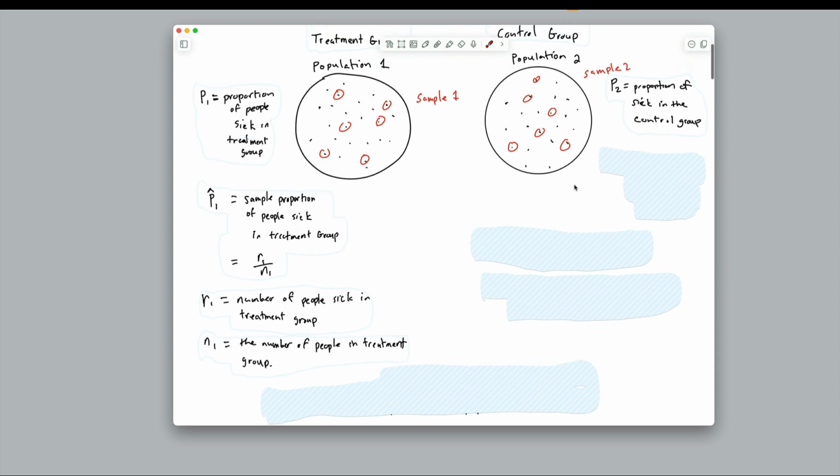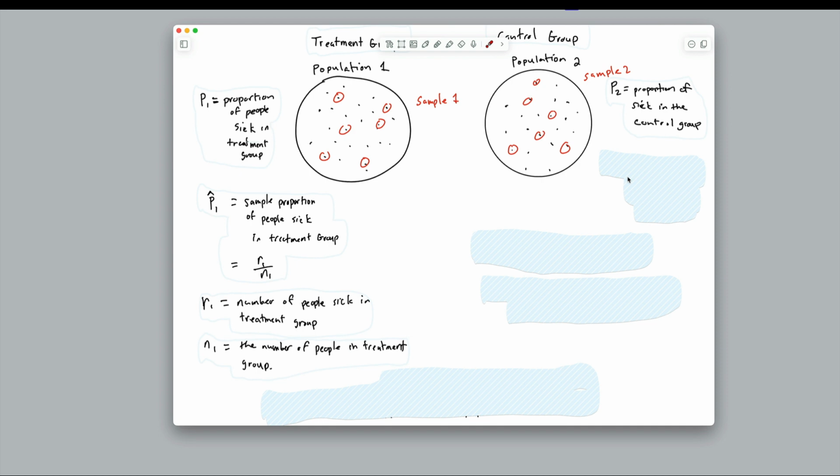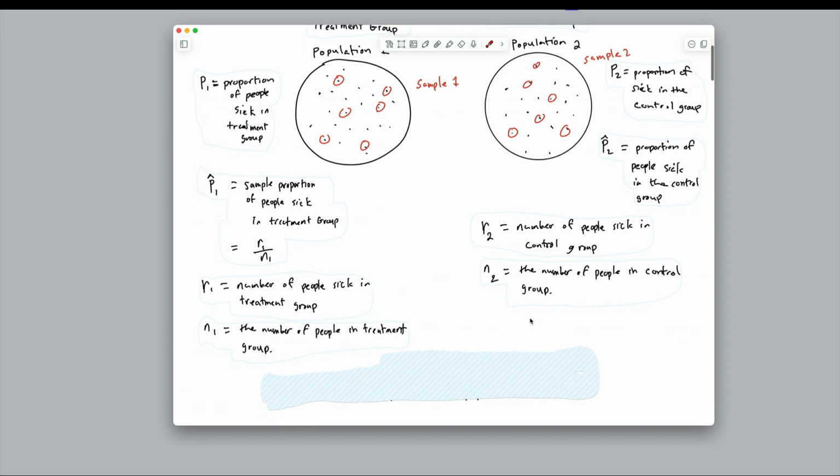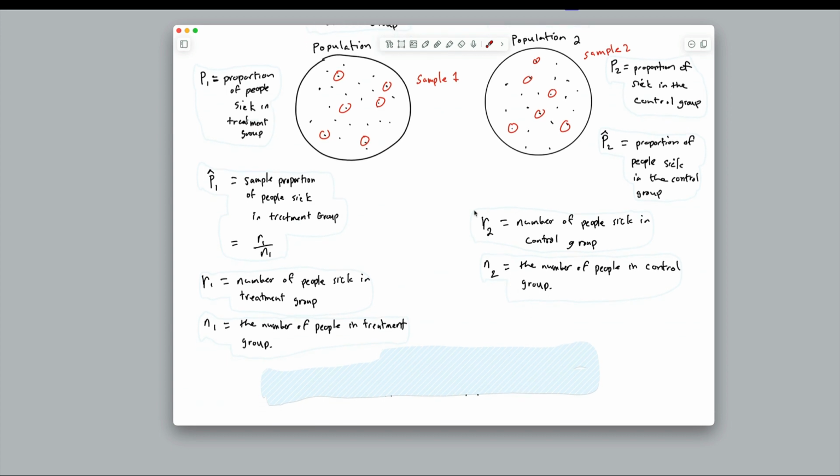Likewise, in population 2 or sample 2, the control group, we calculate p hat 2. Once again, it's based on the number of people sick in the control group divided by the number of people in the control group.